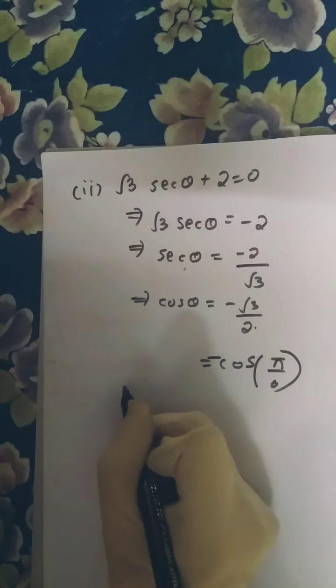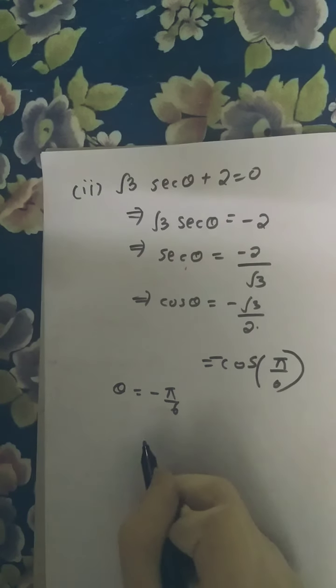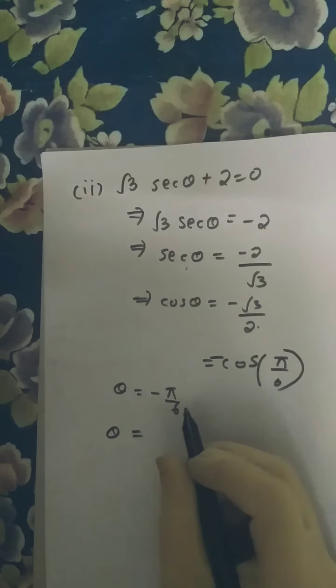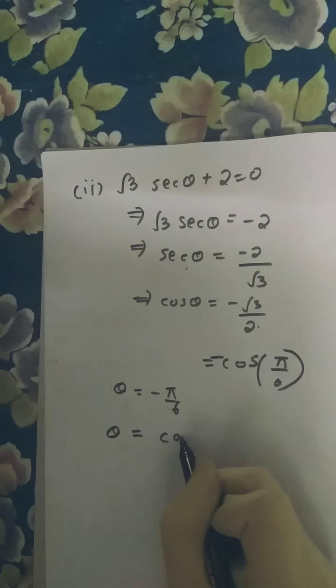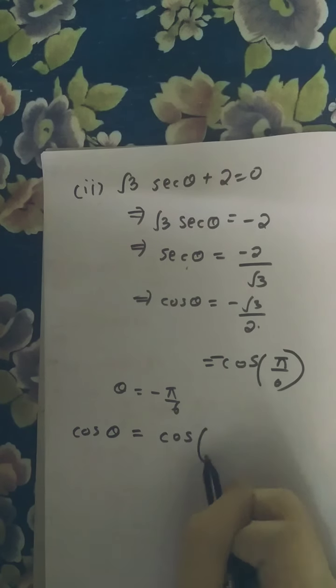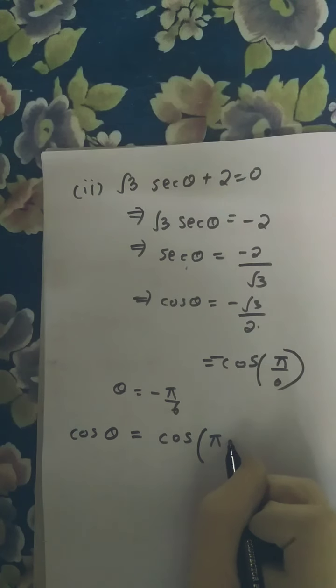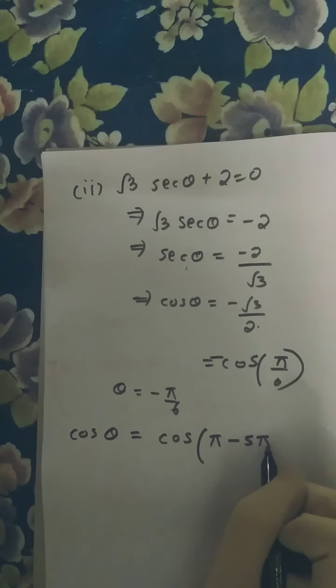So here I have theta is equal to minus pi by 6. So I can write this minus pi by 6 as, if I write this cos theta as cos of this minus pi by 6, I'll write it as pi minus 5 pi by 6.